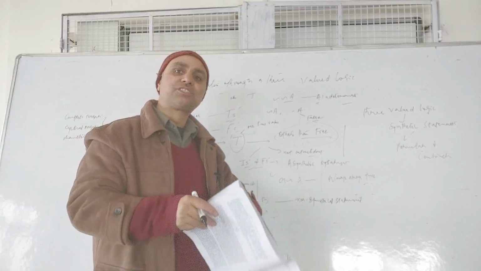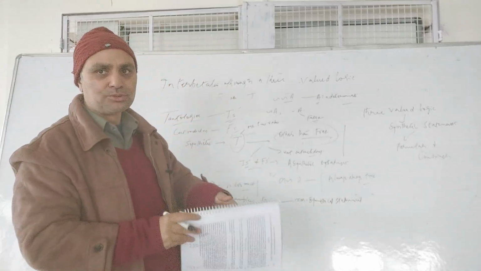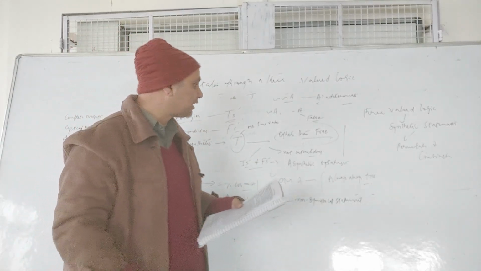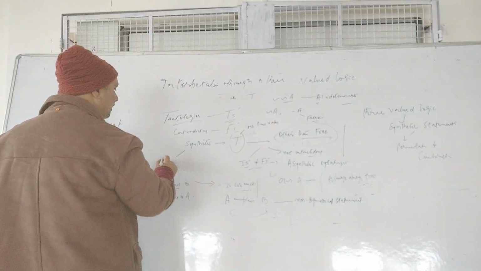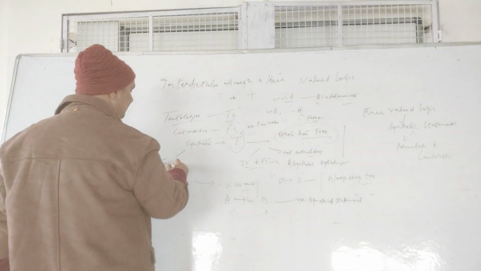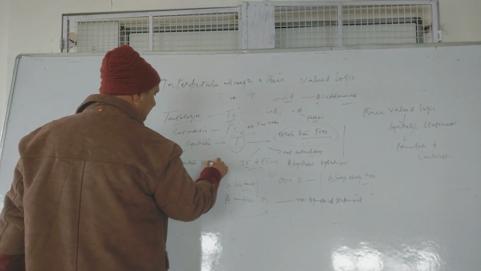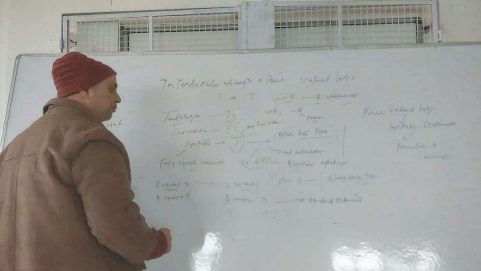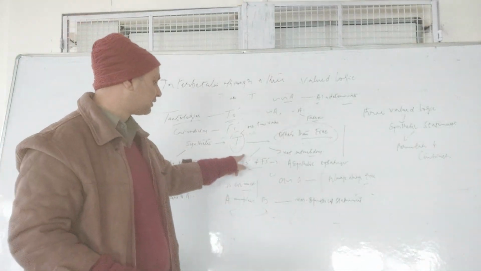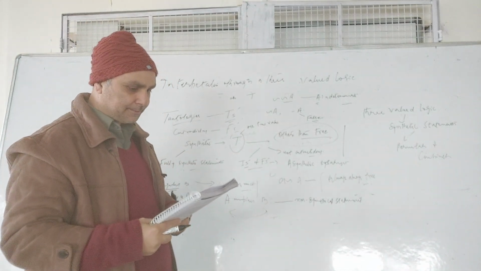But if both parts of the synthetic statement are true, that's a stronger version. So we can say they are called fully synthetic statements. Both parts of these synthetic statements are true.